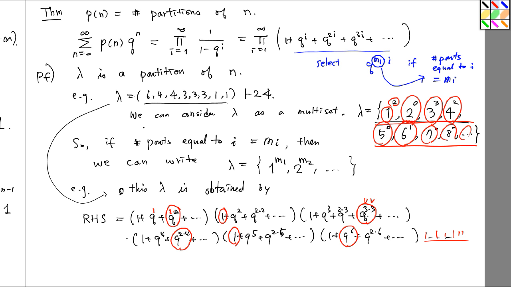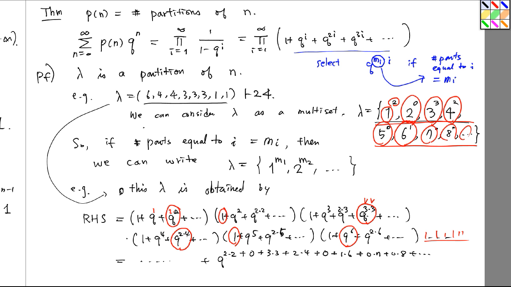So we have many terms, but among them we have q to the 2 times 1, plus 0 for the second, 3 times 3, 2 times 4, 0, 1 times 6, and then 0 times 7, 0 times 8, dot dot dot.